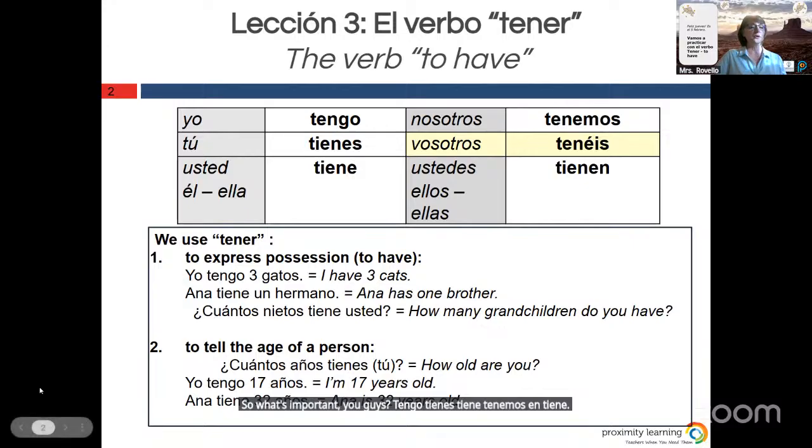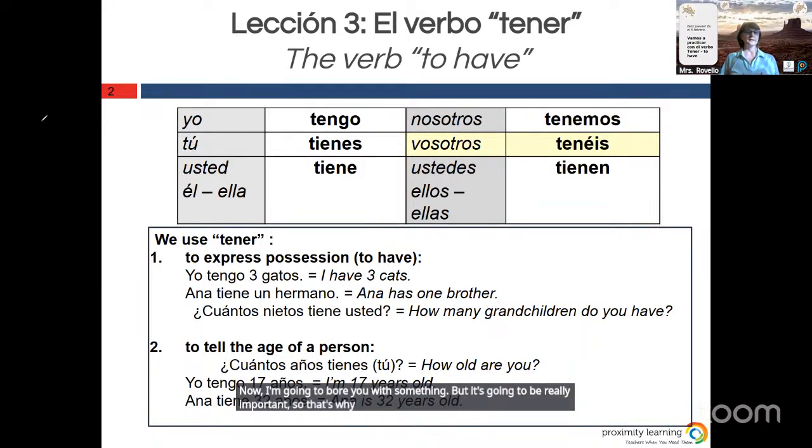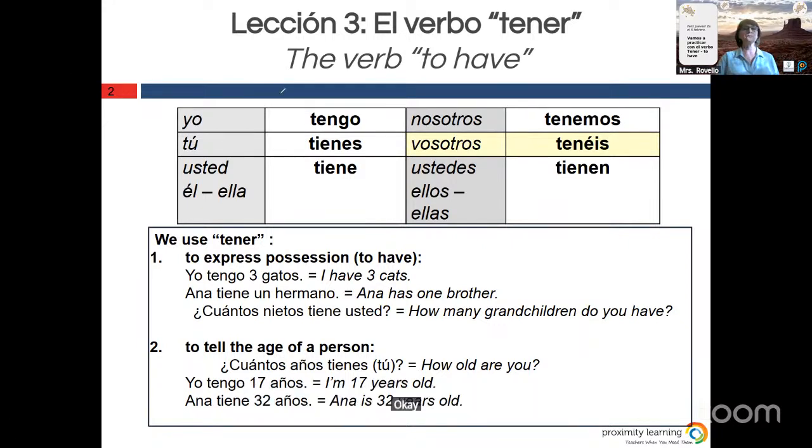Now, I'm going to bore you with something, but it's going to be really important. So that's why I'm going to bother to point it out. Remember that we call these, I want you to take a look up here, we call these infinitives, or the original form of the verb. I only use those words so that we can have a conversation about them, so you know what I'm talking about.